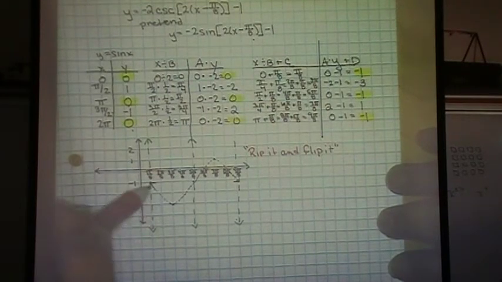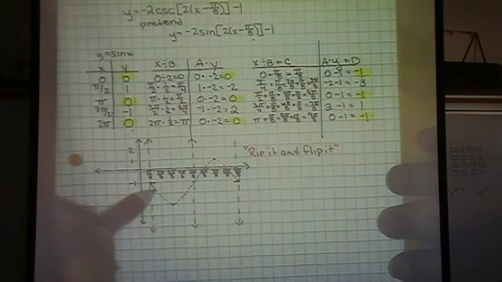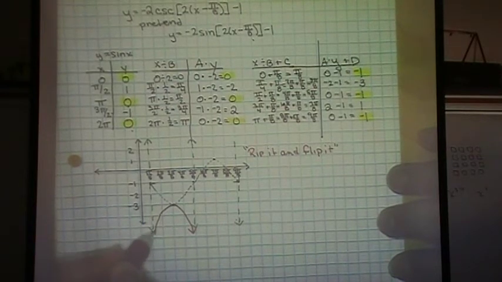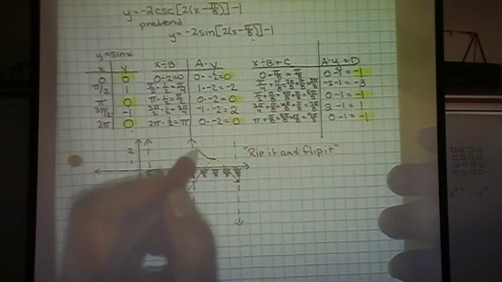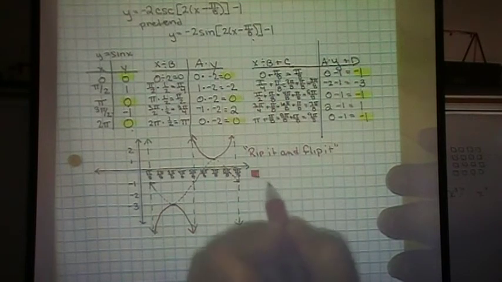Now, all these values that were going up, we flip them over, so now they are going down. All these values that were going down are now going up. Our red graph is our cosecant graph.